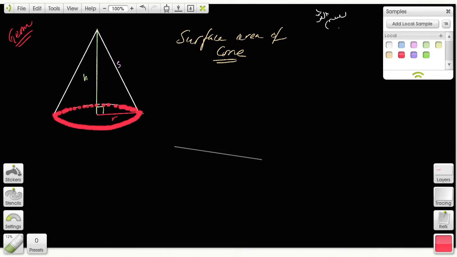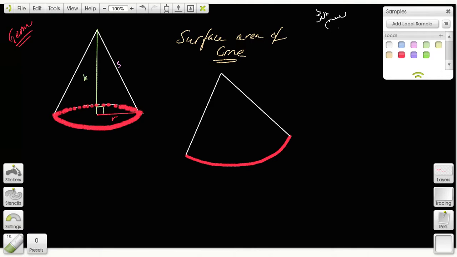The bottom part of the cone is going to be like this, and then the sides are going to be like this. So you see, it's not a circle, it's not a semicircle, but what you get is a sector.